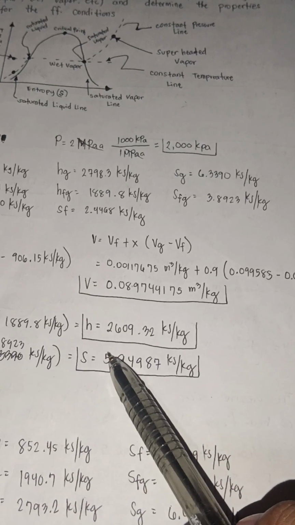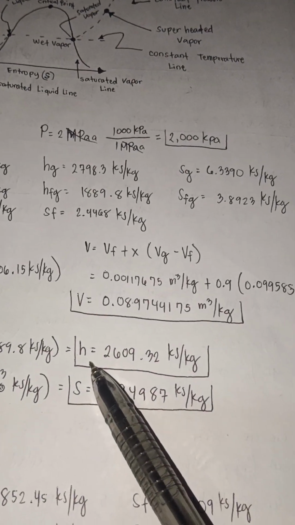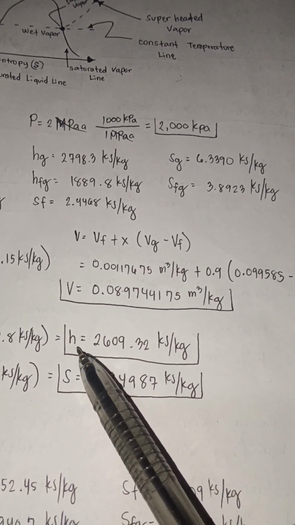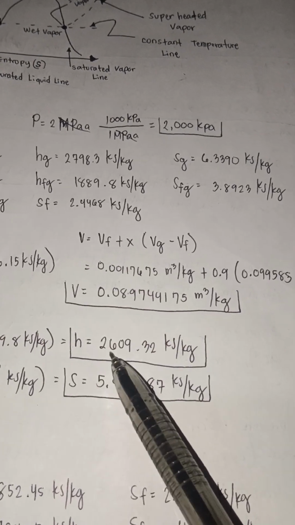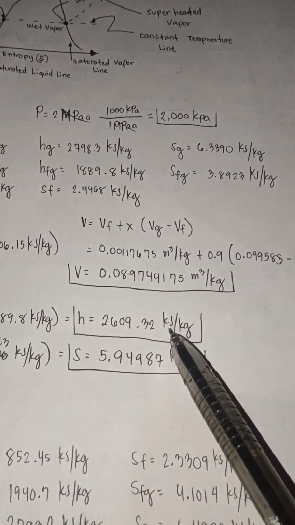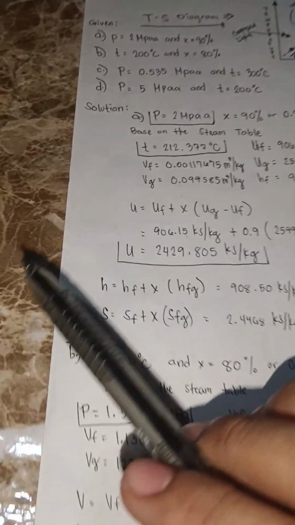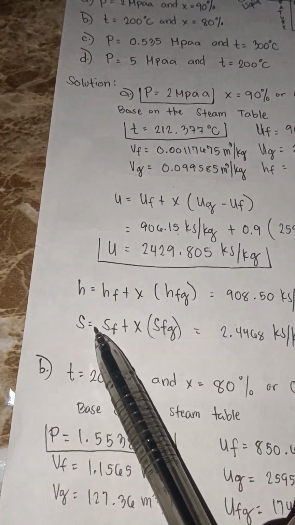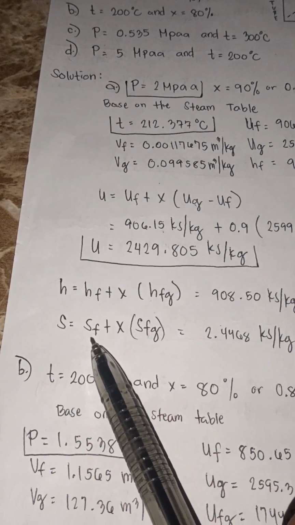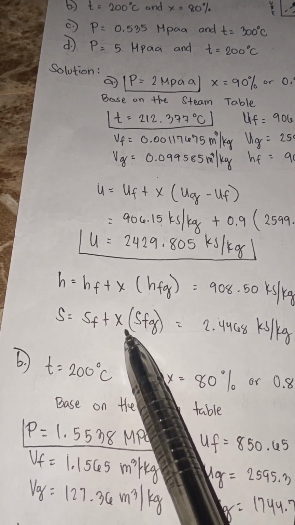So we come up with an enthalpy of 2609.32 kilojoules per kilogram.